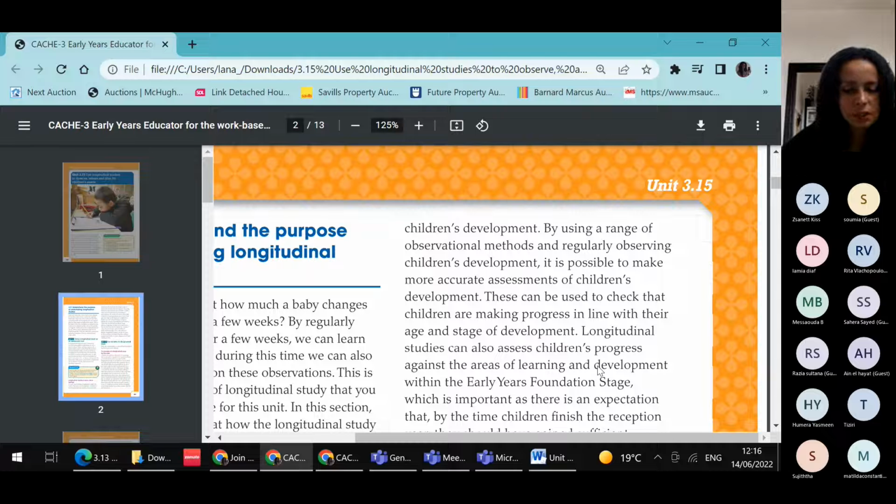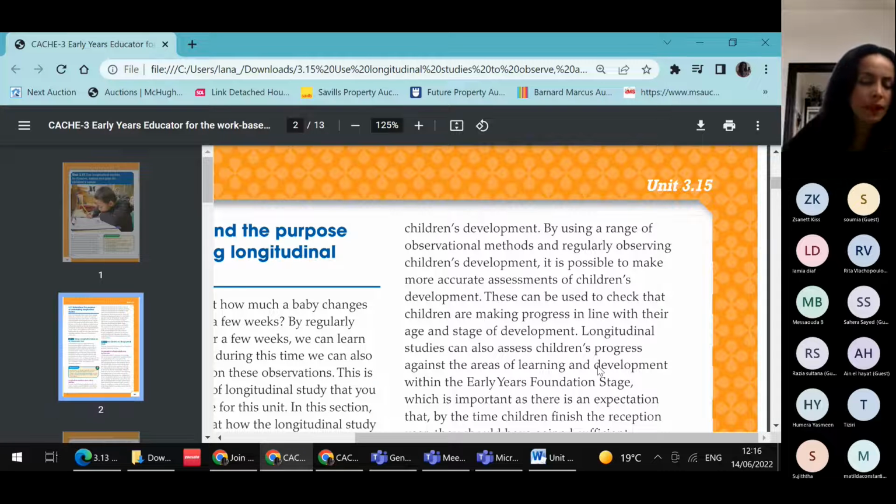So longitudinal studies can also assess children's progress against the areas of learning and development. So for example, we can monitor the child according to physical development. So we know the physical development, by this age they can do this, by this age they can do that.